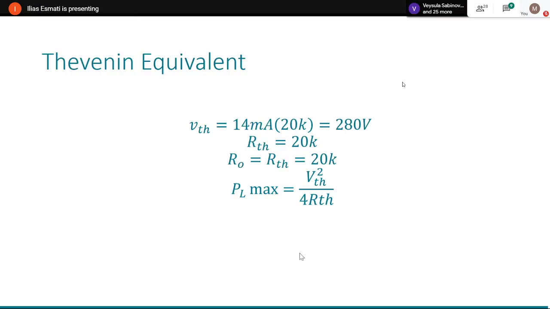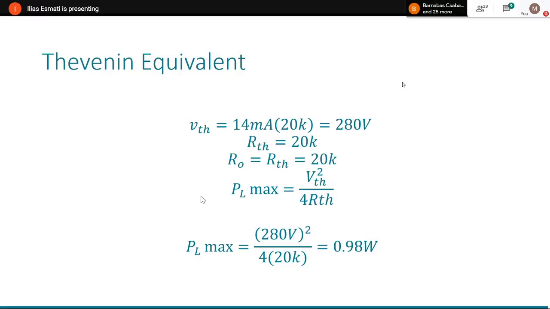You simply ask what will be the total resistance. And in practice, if you have a circuit like that, you simply measure the resistance, and if you know the voltage, then you know the maximum power transfer.